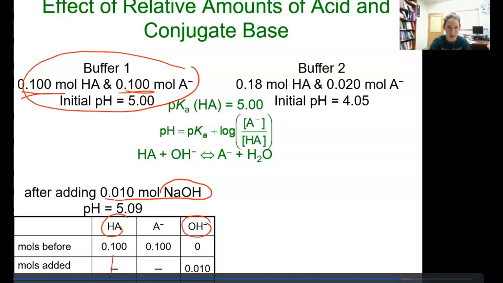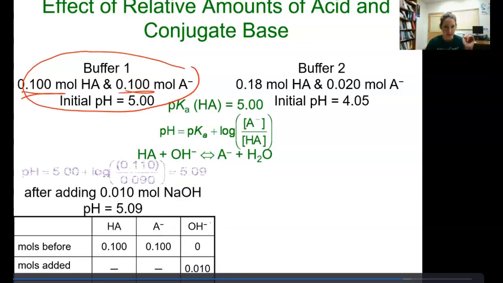So my acid is going to go down by the amount of base I added. The conjugate will go up by that amount, right? Just think of this as what we just did. This is like our acid plus our base makes salt and water, what we just did before. So then we have our new moles.